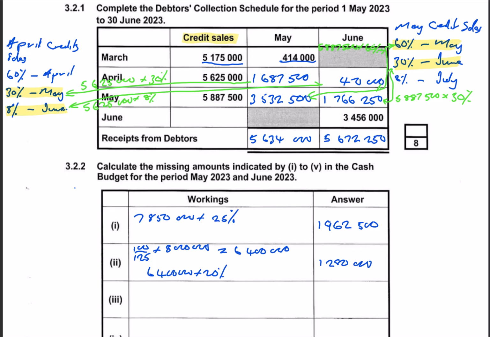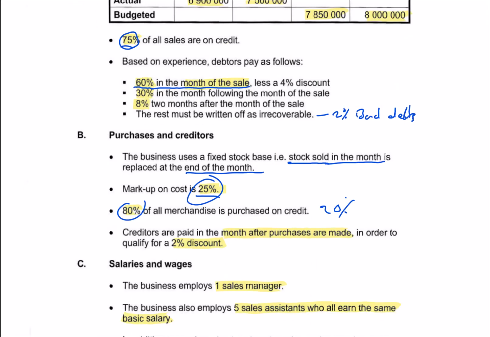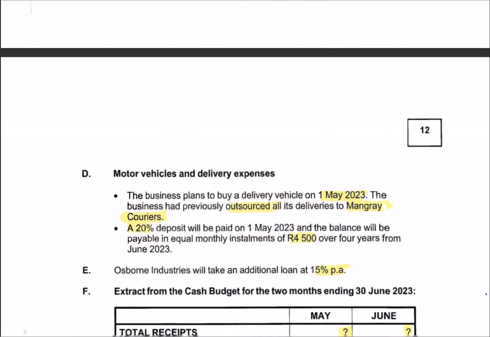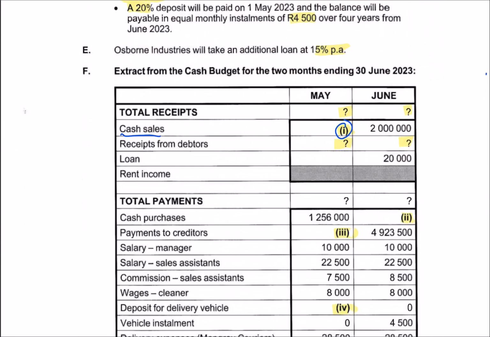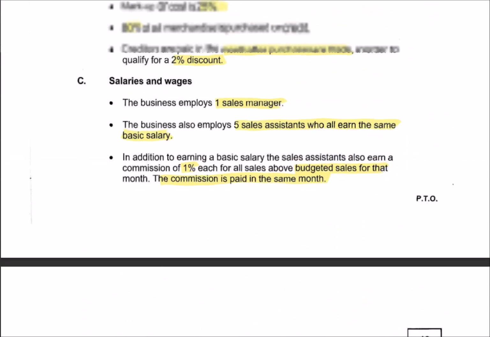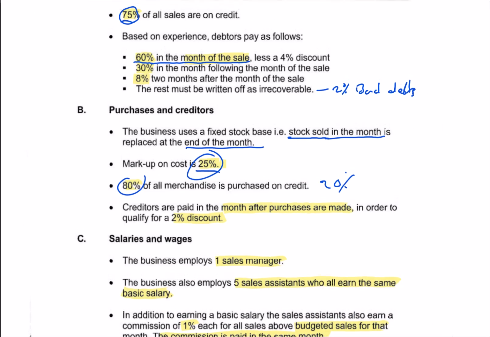Then the next is 3. Payments to creditors in May. How much are you going to pay in May to creditors? If you look at the question again, same information on purchases, and creditors.